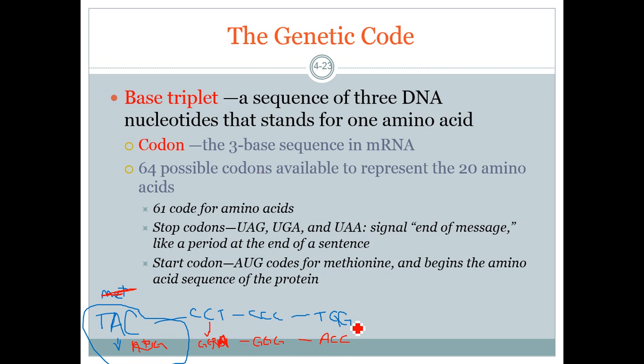And our TGG, which changed to ACC, is now our threonine, abbreviated as THR. And this will be your amino acid. So, from the base triplet of a DNA mirroring itself, forming the codon of our mRNA, we were able to get our amino acids.